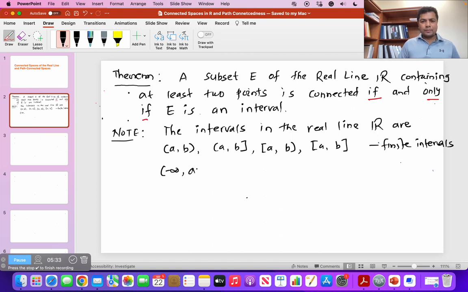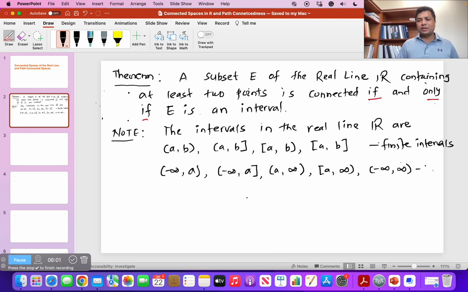And also the infinite intervals. That means negative infinity to a, and negative infinity to a with a included, and a to positive infinity. Sorry, a could be a positive or negative number. And also negative infinity to infinity.